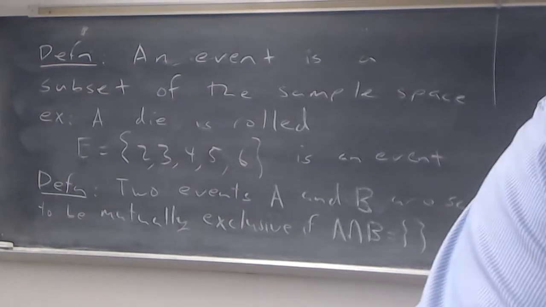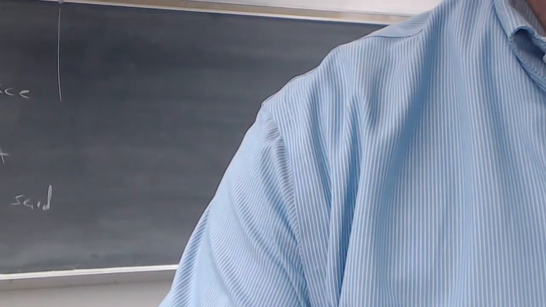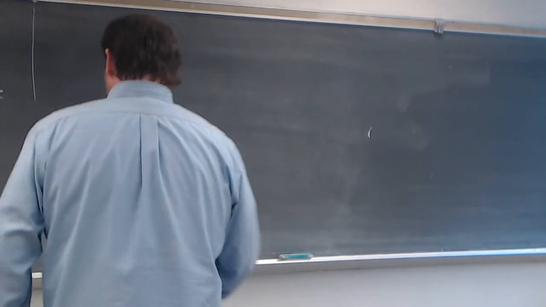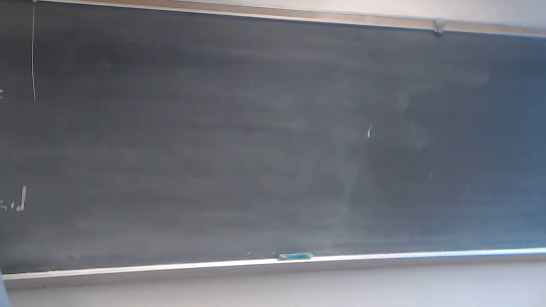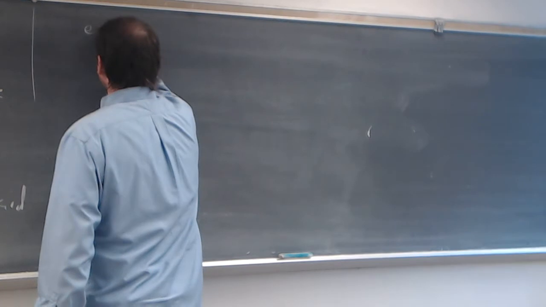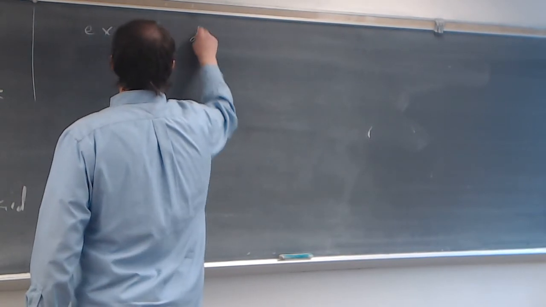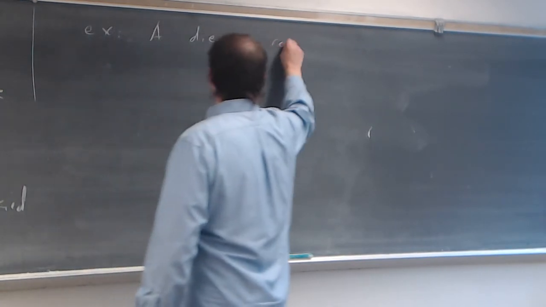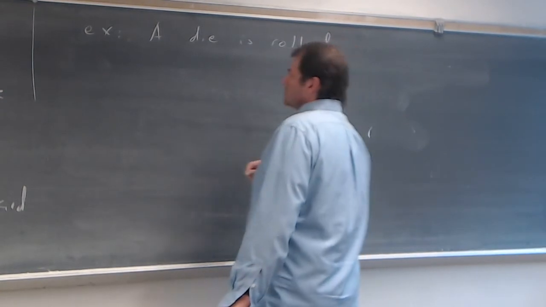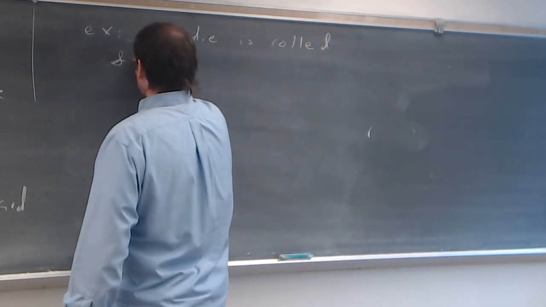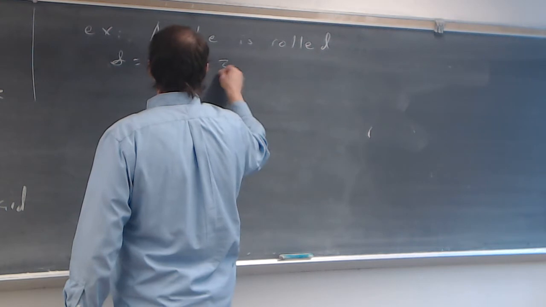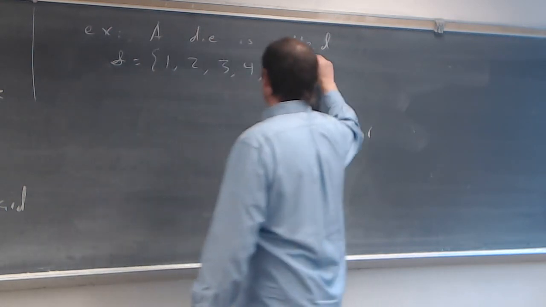Let's look at an example. So as an example, let's say a die is rolled. Then we have the sample space of 1, 2, 3, 4, 5, and 6.